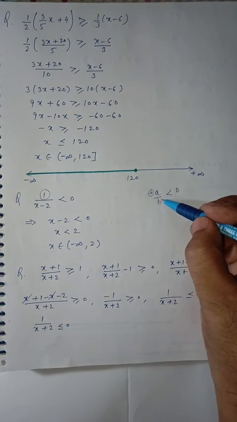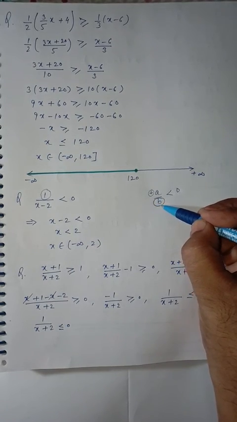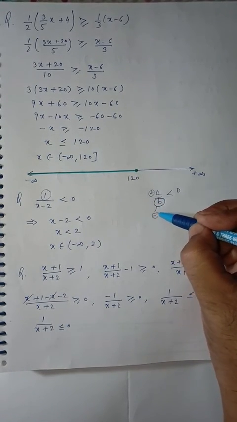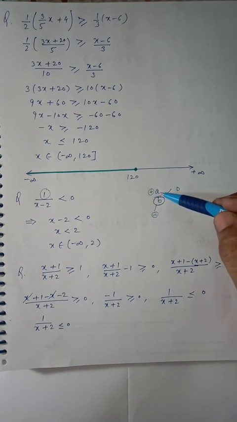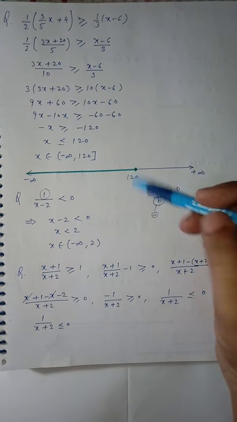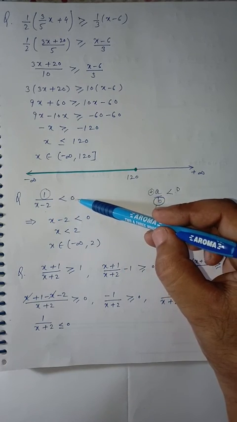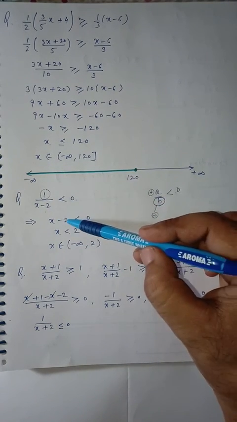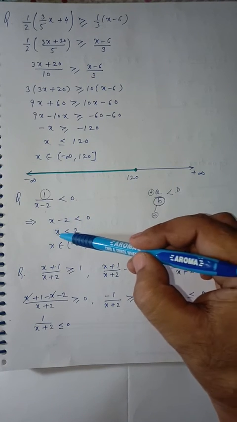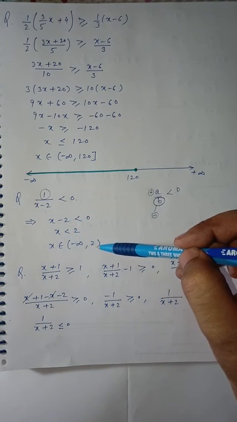It means the denominator must be negative. Then only plus upon minus will become minus. So 1 upon x - 2 less than 0 means x - 2 is less than 0. Transfer the 2 to this side, so x is less than 2. So x belongs to (-infinity, 2).